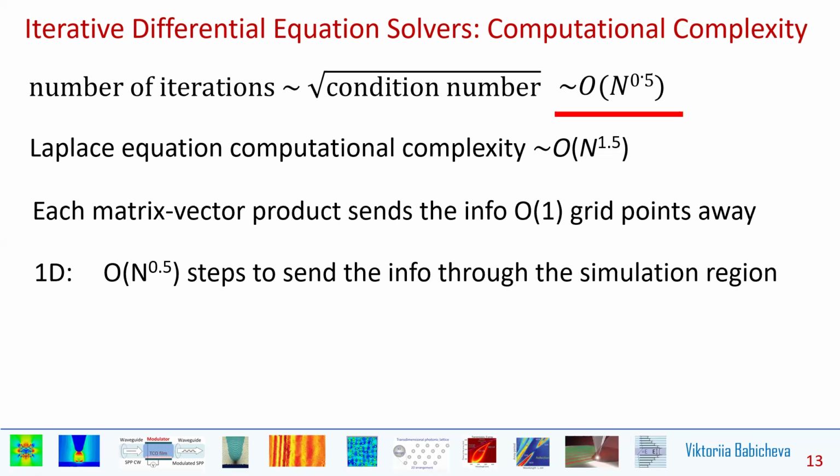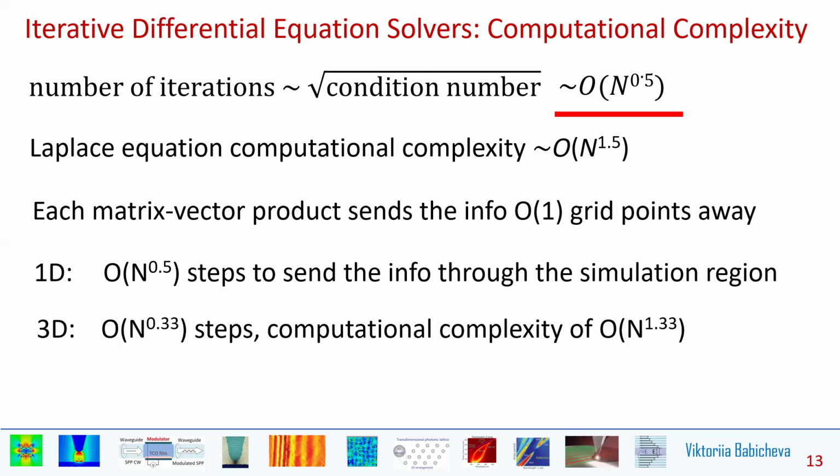So we conducted these estimates for the one-dimensional problem. It's n^0.5. In the three-dimensional case, this translates to n^0.33 steps, and it yields a computational complexity of n^1.33. And I would like to mention one more aspect related to the case when we employ matrix preconditioning.